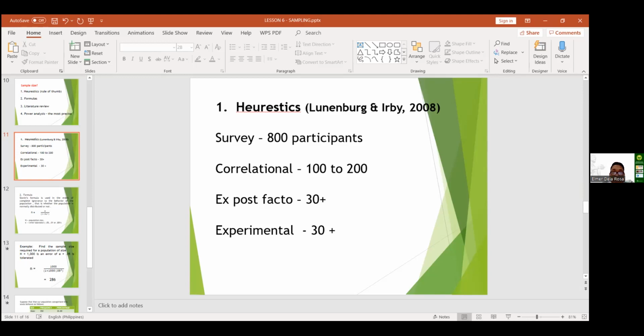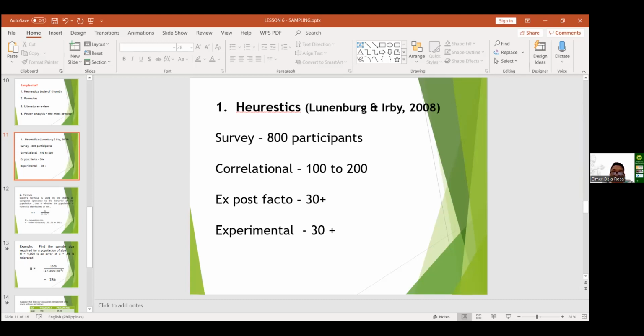If you are doing ex post facto, ito yung causal comparative, the effect existed already, then 30 plus. Pwede na mo nang gamitin to compare. Pag ito na may experimental, dahil maraming i-control na variable, so at least 30. So these are the rules of thumb, no?